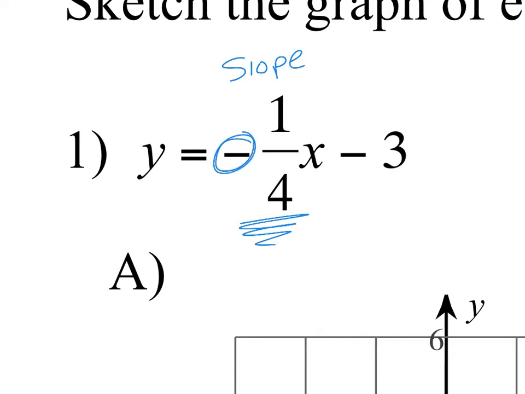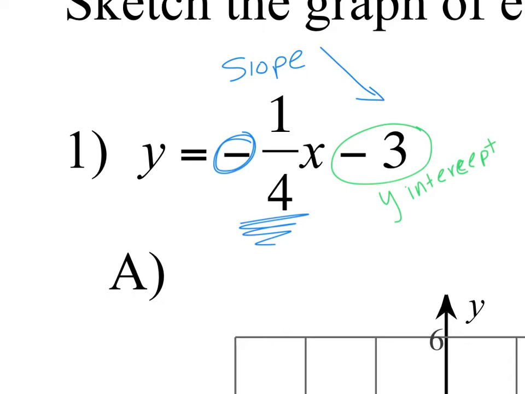So that means, and you always read a graph from left to right, it's going to be decreasing as it moves from left to right, so we're looking for the slope to look something like that. And we can see here that the y-intercept is -3.